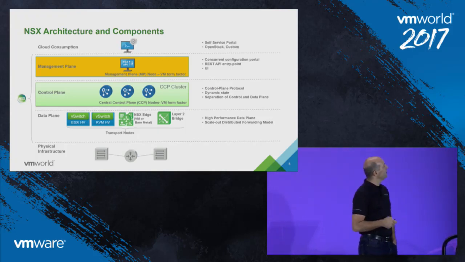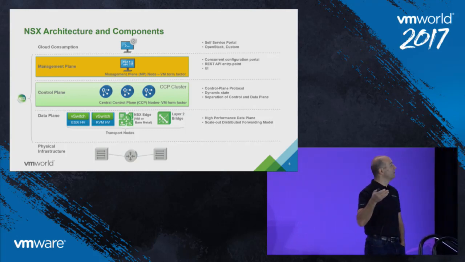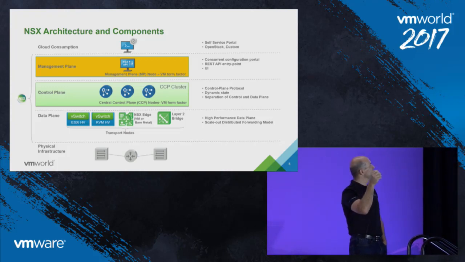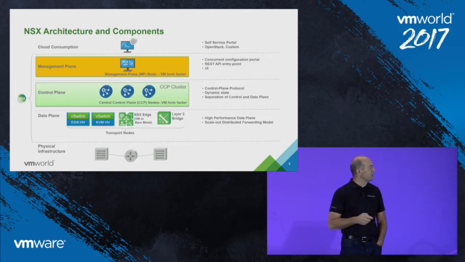And finally, but that's not NSX anymore, above that, you have your CMP or OpenStack, for example. So basically, or maybe directly the user, that's what we'll see in the demos. A higher level entity that will make calls to the management plane.